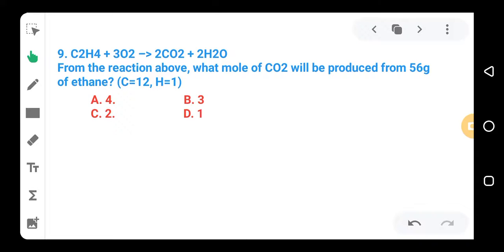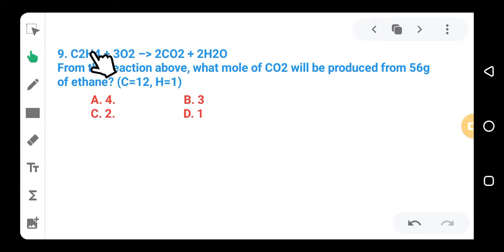Question number 9. C2H4 plus 3O2 gives us 2CO2 plus 2H2O. From the reaction above, what mole of CO2 will be produced from 56 grams of ethane?